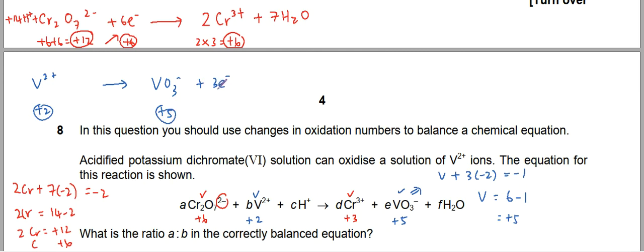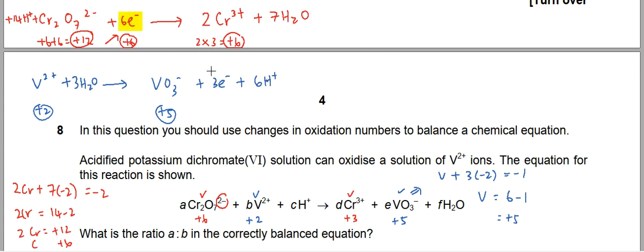Next we add water to balance the oxygen, so 3 moles of water here, and then to balance the hydrogen, 6 protons here. Now we can compare the number of electrons.